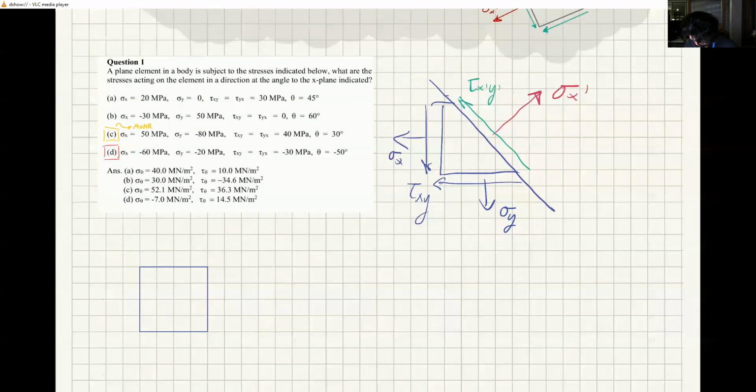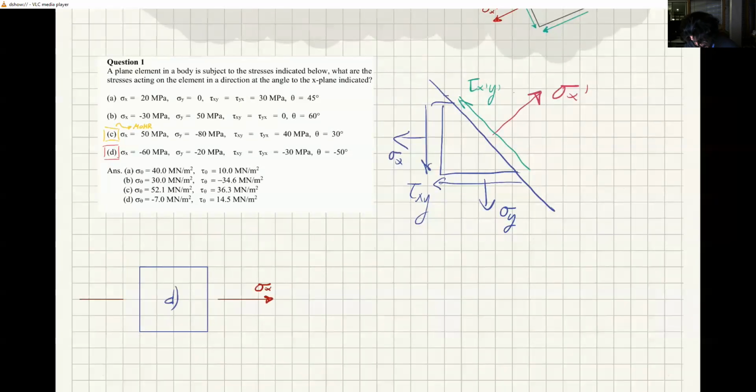This is the infinitesimal at D. And I have that sigma x is in this direction.